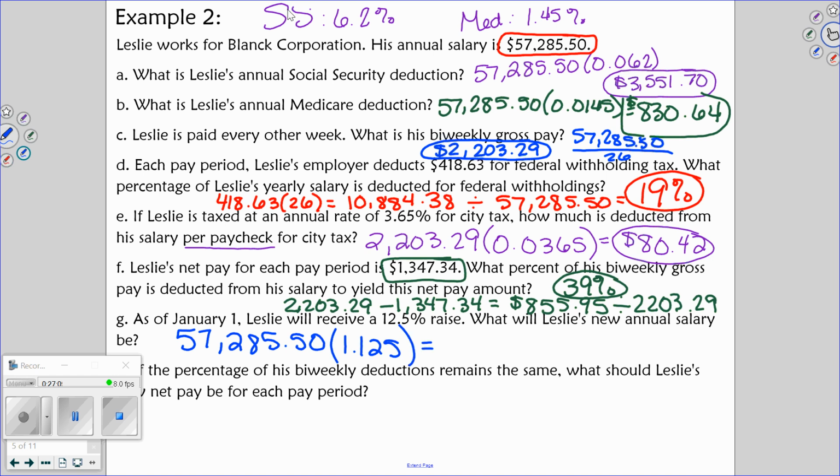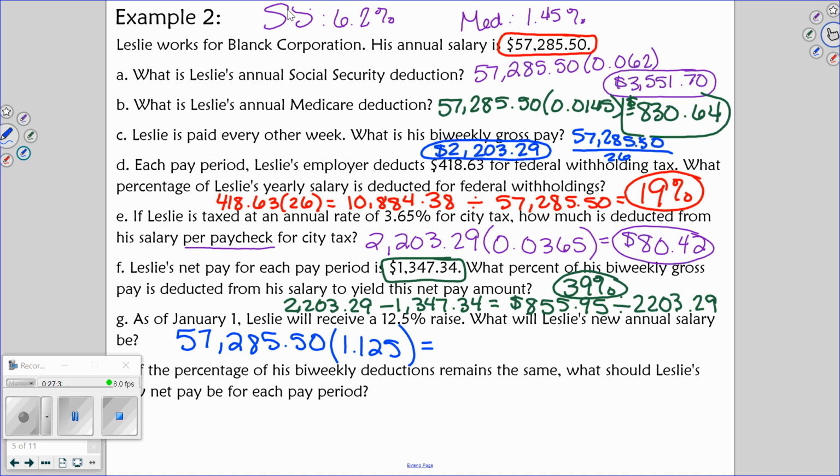If you'd multiplied it by 0.125, you would get how much his raise is, and then you'd have to add that on top of what he did make to figure out his new salary. So I'm doing it in one step. That's what Justin remembered. I talked about that once before. Otherwise, if you just do it by 0.125, that's totally fine.